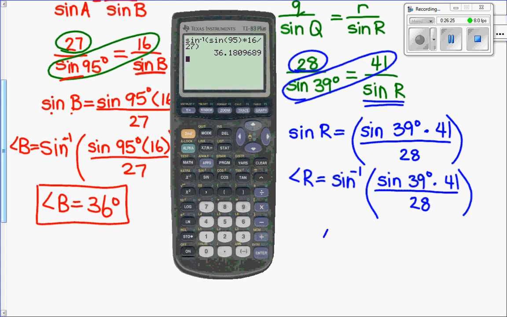So angle R is... take a minute to plug this into your calculator. We need the second function of sine to get the inverse sine, the bracket, sine 39, close that bracket, times 41, divided by 28, and close that final bracket, hit enter. Angle R is 67 degrees.